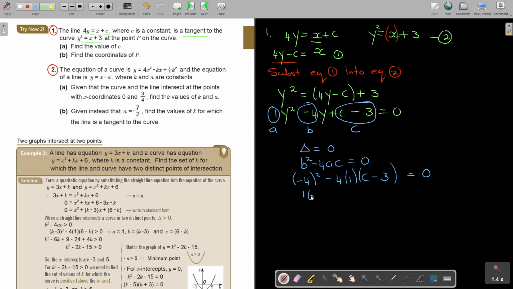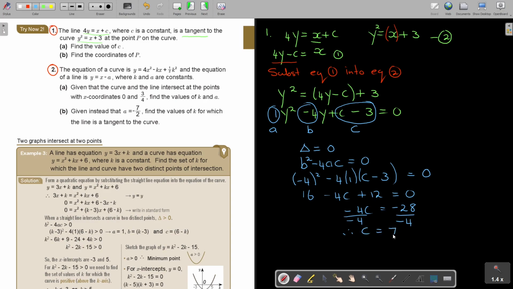So this is going to be 16 minus 4c plus 12 is equal to 0. So negative 4c, and 16 plus 12 is 28, and if I take it over, it's negative 28. So I divide negative 4, I divide negative 4. So therefore, the value of c will be equal to 7.